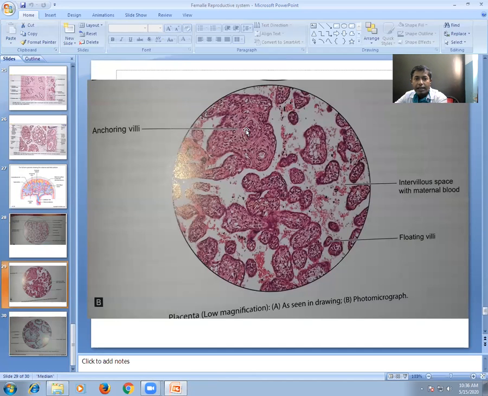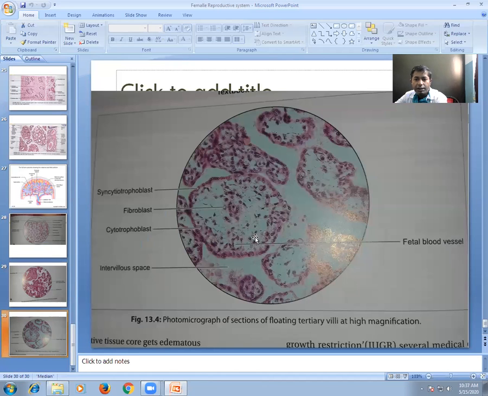Same here, anchoring and floating, and this is the intervillous space. Same here, the tertiary villus picture, that is the syncytiotrophoblast, cytotrophoblast, and inner is the fetal blood. So that's it regarding the female reproductive tract. What we discussed: ovary, fallopian tube, uterus, placenta.